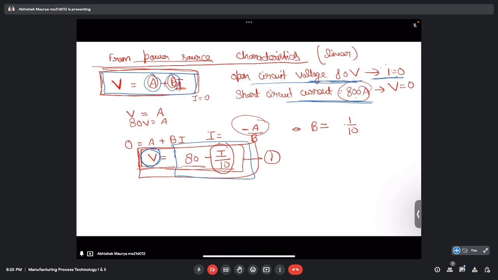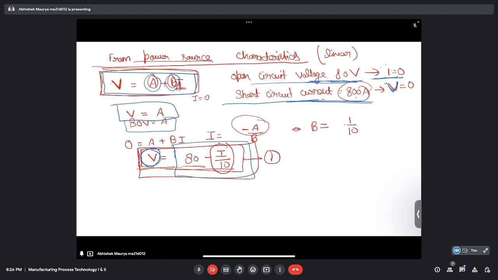So if we put I equal to 0 and voltage 80, directly we will get A equal to 80 volts. Now from the second relationship, short circuit current, that is 800 amperes, and short circuit current means voltage is 0.